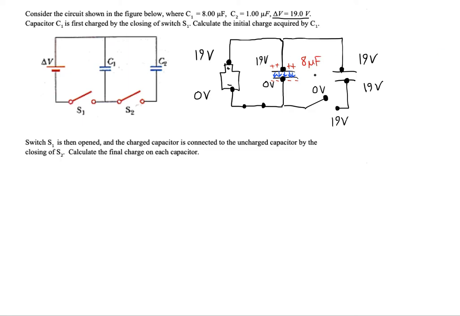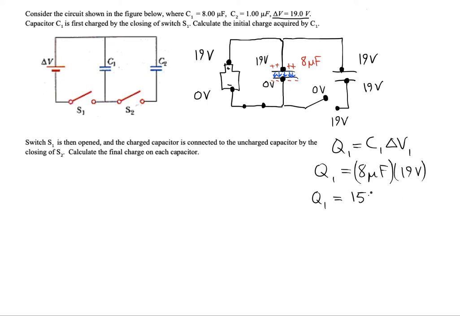We can use the capacitance as well as the delta V across that gap to find the Q. So it's going to be 8 microfarads times 19 volts. 152 microcoulombs then.